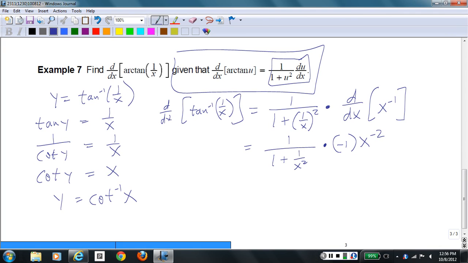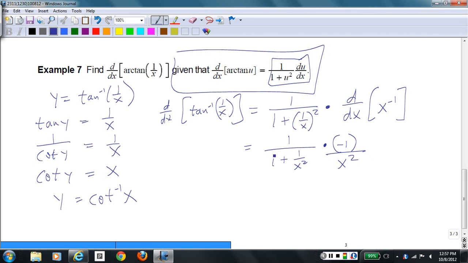Now you know what I want to do. I want to scratch the x to the -2 and call this -1 over x squared. Would you let me get by with that? Yeah, maybe. So here goes. That's actually -1 over x squared.